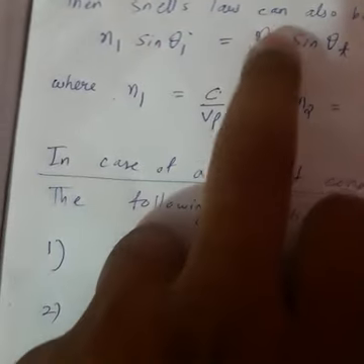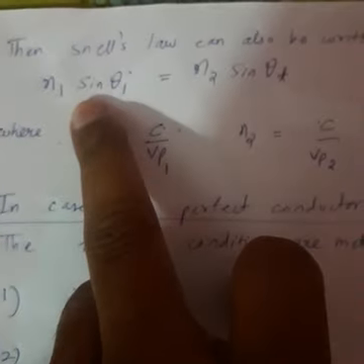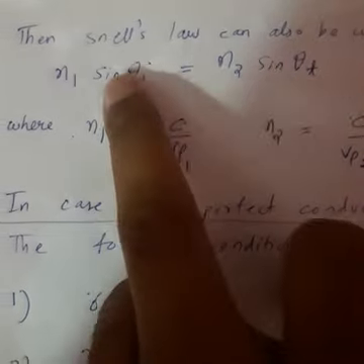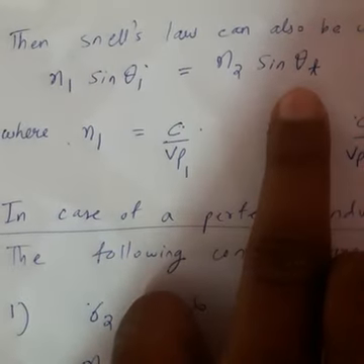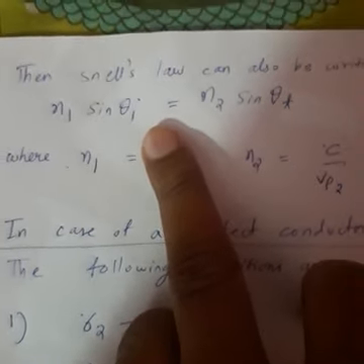So if sin theta I by sin theta t is equal to n2 by n1, then sin theta I multiplied with n1 gives you n2 into sin theta t. Let us multiply the sin theta t that side. So what we get? n1 sin theta I is equal to n2 sin theta t. So this is another form of Snell's law in the form of refractive index. Clear?